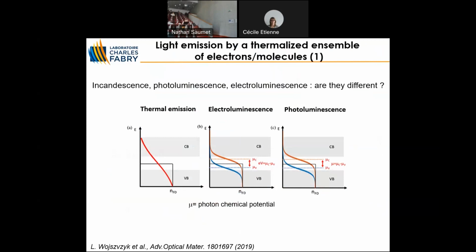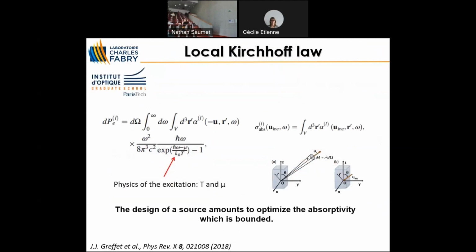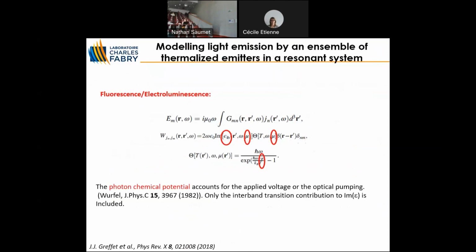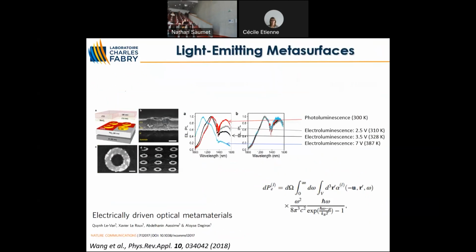And because of that, everything I told you before can be applied to photoluminescence and electroluminescence. I skip all the details. In the numerical modeling, we need to introduce some photon chemical potential.